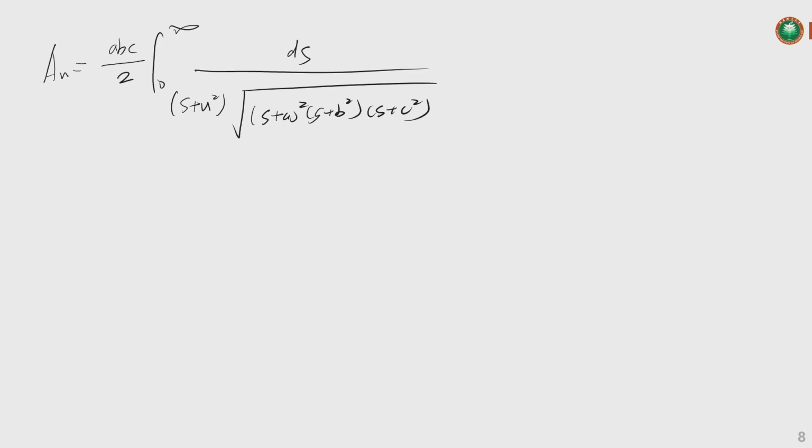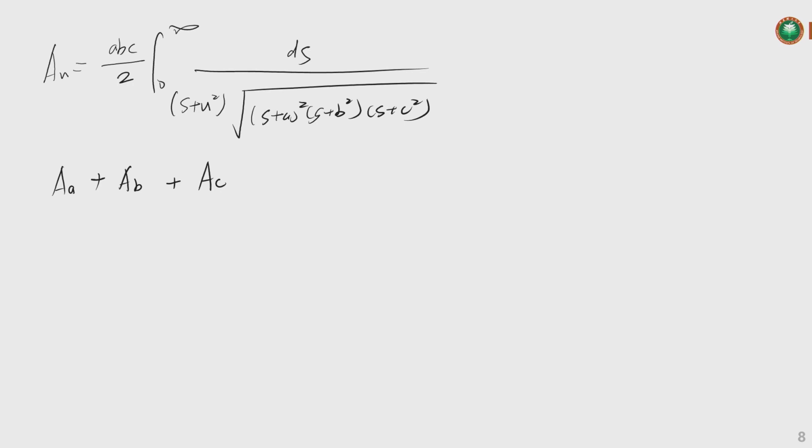And as we said previously, the depolarization factors depend on the shape of the ellipsoid.